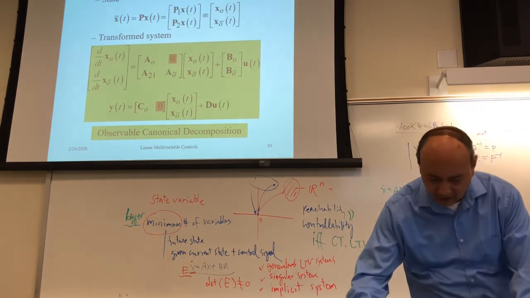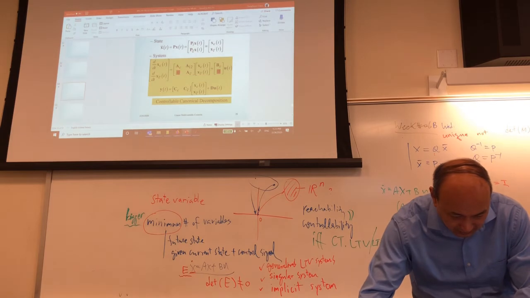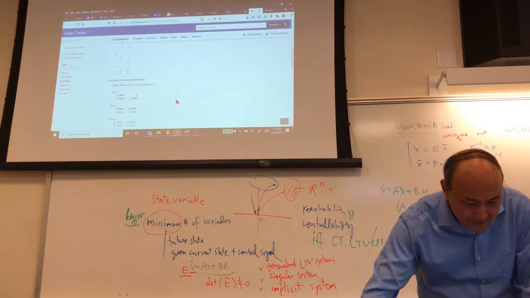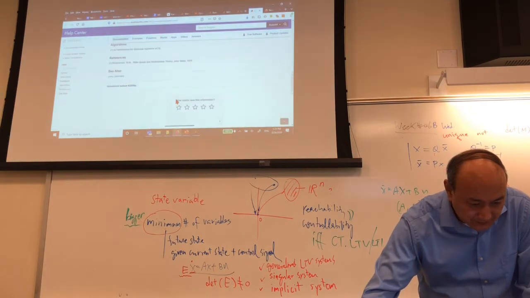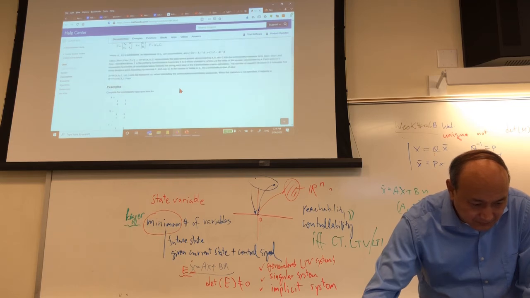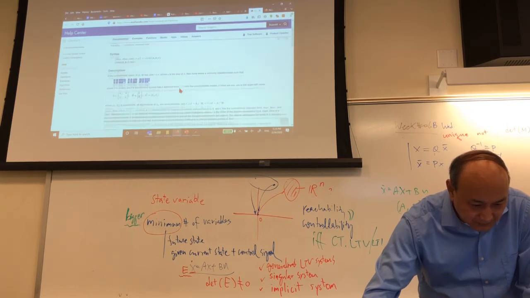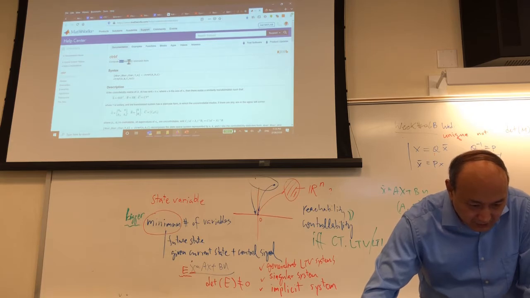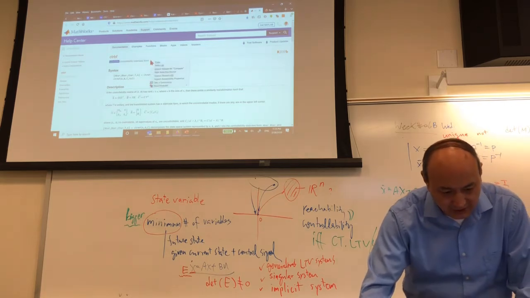So let me go to here. Let me show you the command. This is called controllability staircase form.